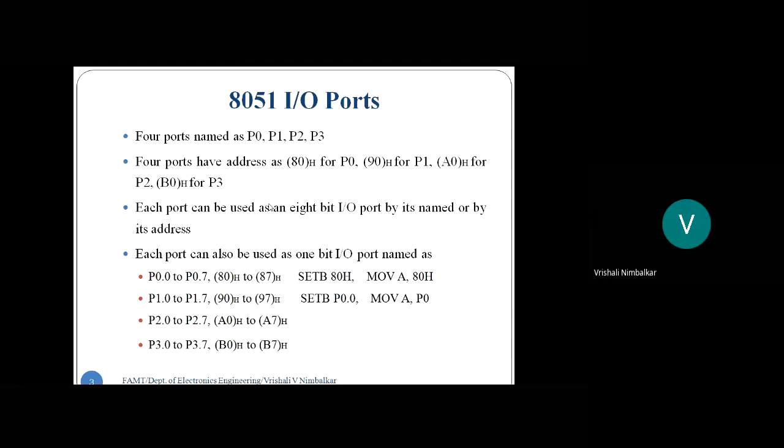Input device means the microcontroller will be taking data from that device. Input operation is nothing but a read operation. And for output devices, the microcontroller will be sending some data to these devices. So that is called a write operation. So the microcontroller sending an output is a write operation. The microcontroller taking the data in is the read operation, right?